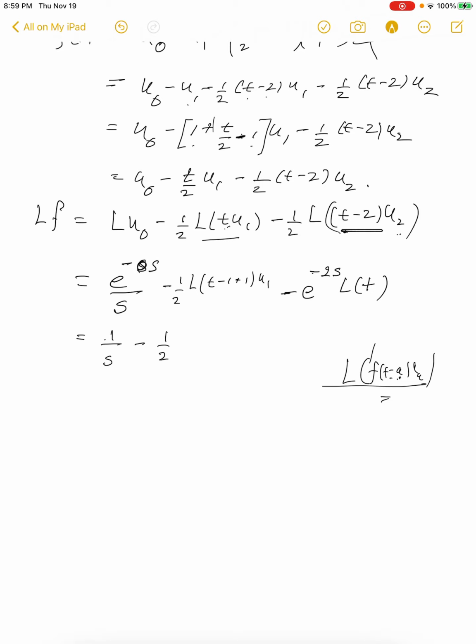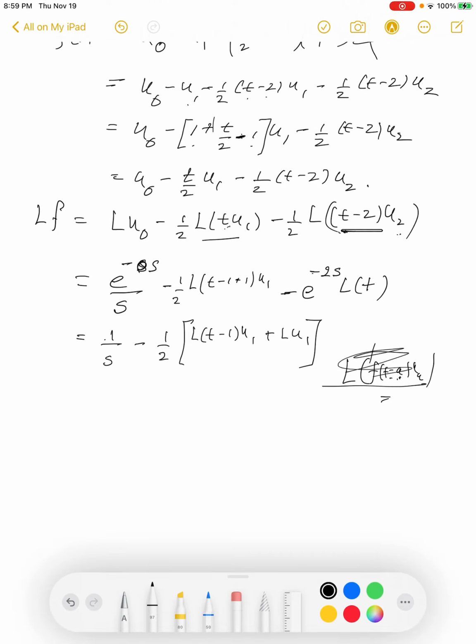So this is minus half into parenthesis, I will get L of t minus 1 u1 plus L of u1. Minus e to the minus 2s Laplace transform of t, which is 1 over s square.